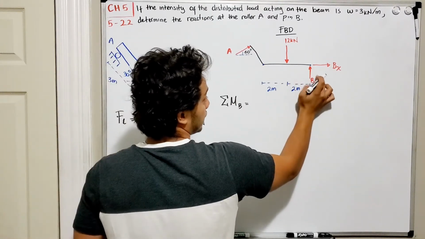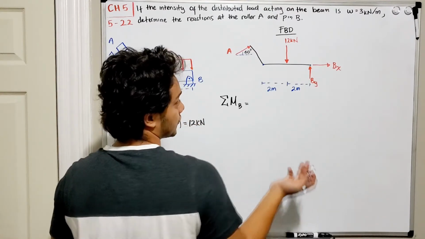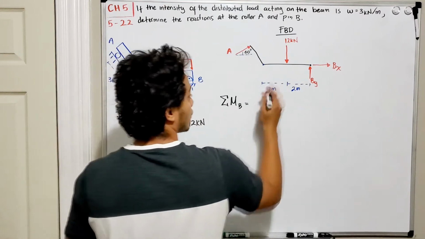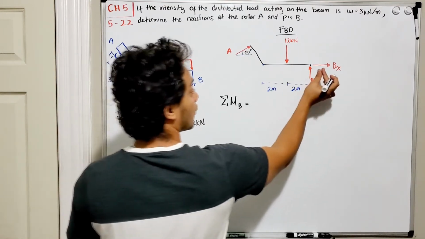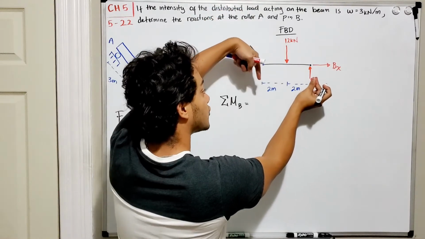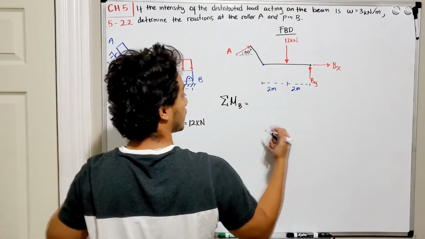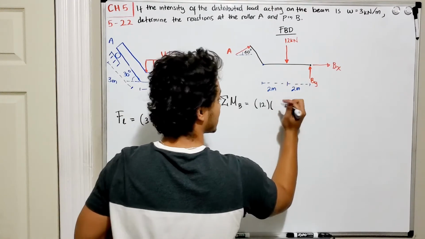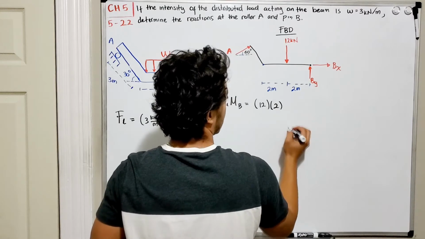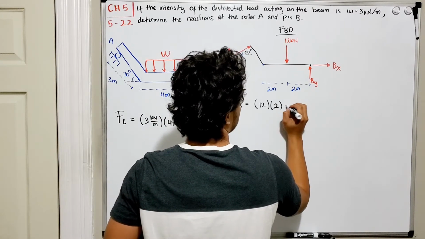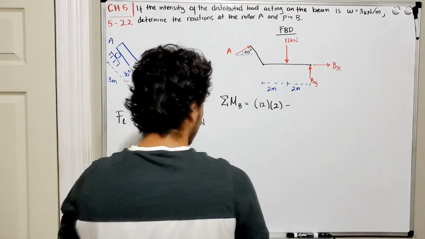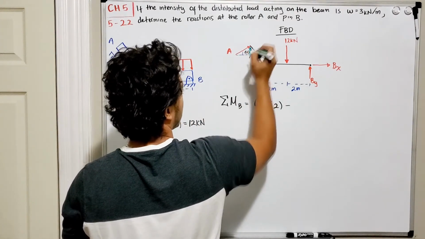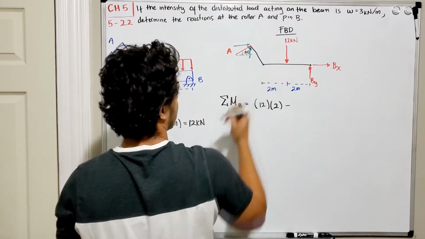Well, By and Bx don't have any distance to point B because they are actually applied at point B. So I will have a positive, because if I hold my pin in this position and I apply a force like that, it's going to rotate counterclockwise, so I have 12 kilonewtons multiplied by the distance, which is 2 meters. And then I will have minus, so we're going to break our reaction A into the y component, which is going up, and the x component, which is going to the right, okay?